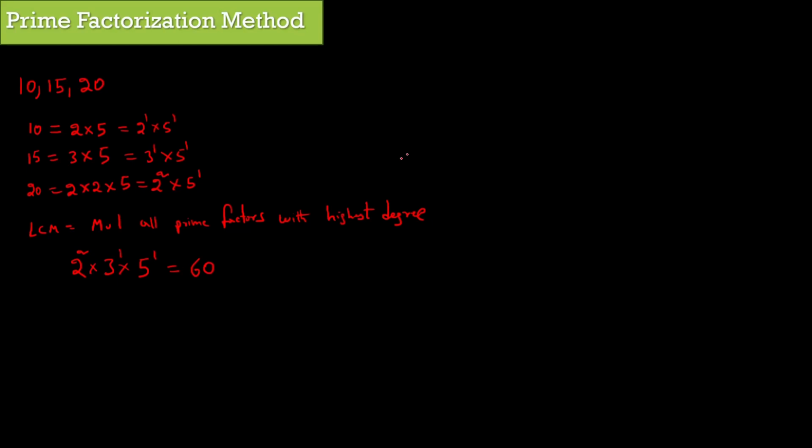Okay. Now let us do HCF for the same numbers. What is the HCF of 10, 15, 20? Again, the same concept. 10 is written as 2 power 1 into 5 power 1. 15 is written as 3 power 1 into 5 power 1.